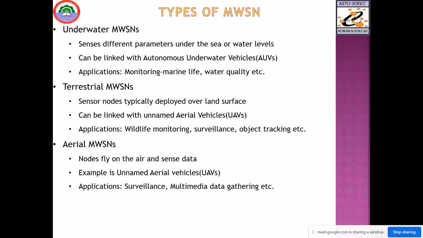So when we come to the types of mobile wireless sensor networks, there are three kinds of mobile sensor networks. That is underwater, where it is possible to deploy the nodes under the sea, as we discussed in the previous lecture on the applications of wireless sensor networks.